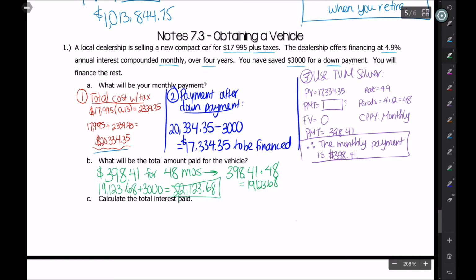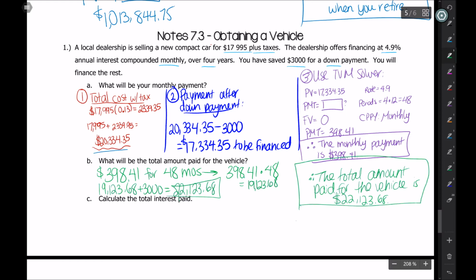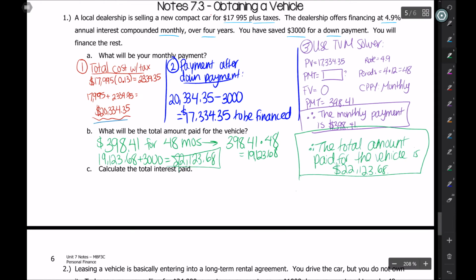Okay, so therefore the total amount paid for the vehicle is $22,123.68. Okay, so now we need to figure out what the total interest was that was paid.